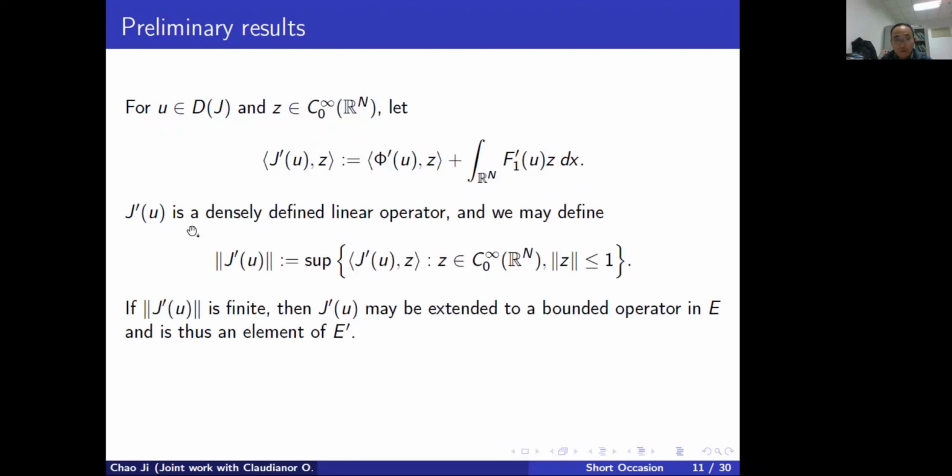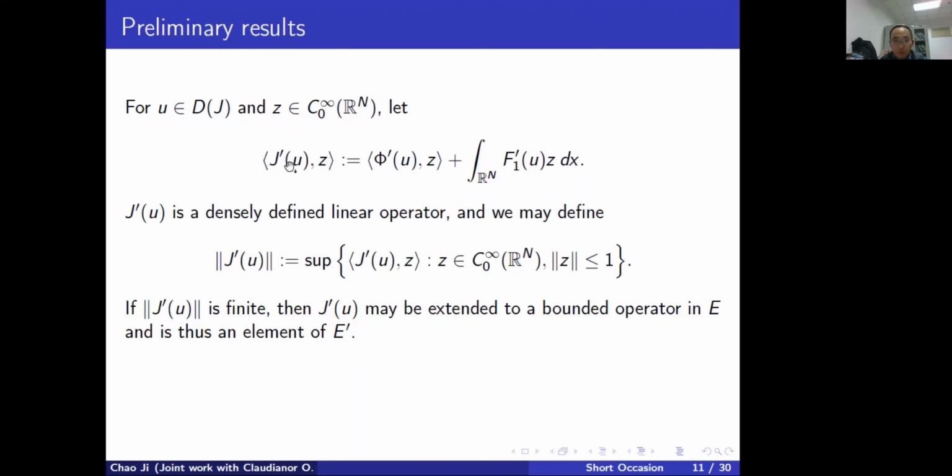Here G prime of u is a densely defined linear operator. If this norm is finite, we can extend it. So G prime of u may be extended to a bounded linear operator in E, and is an element of E prime.